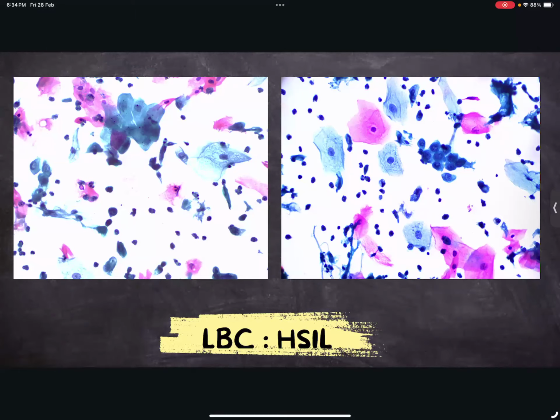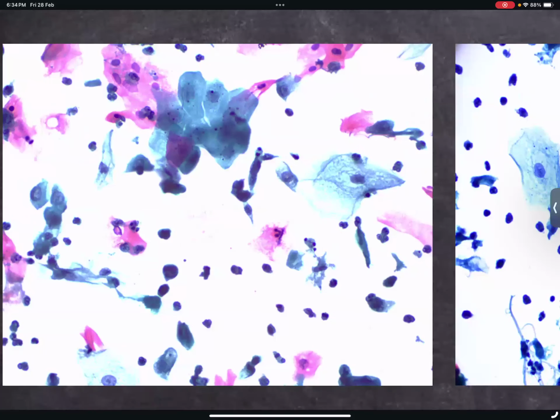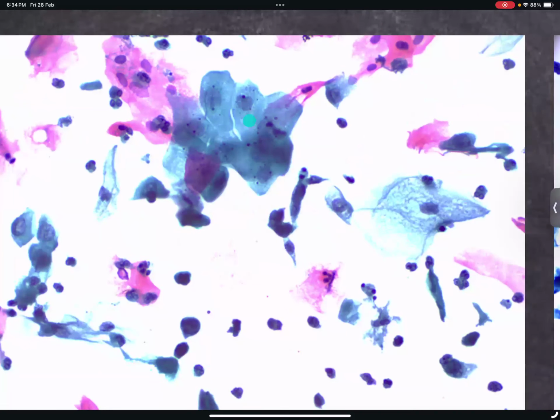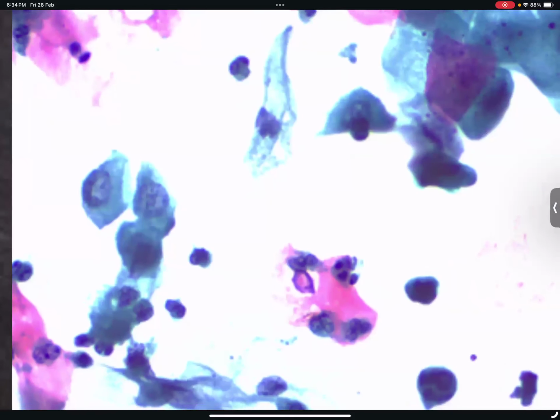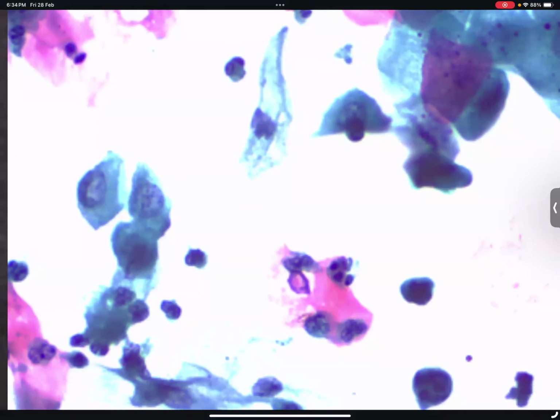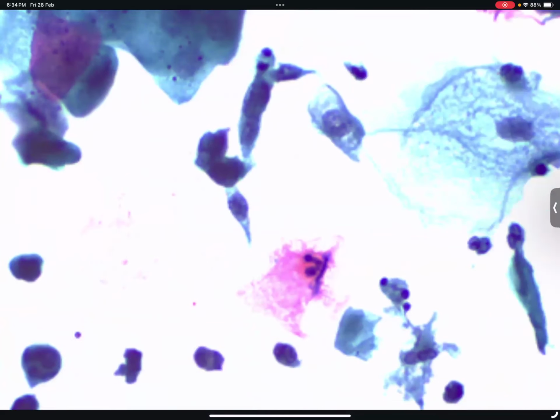In this picture, you can see these dark blue colored cells with a large nuclear cytoplasmic ratio. These cells show increased nuclear cytoplasmic ratio with hyperchromasia and nuclear abnormalities.